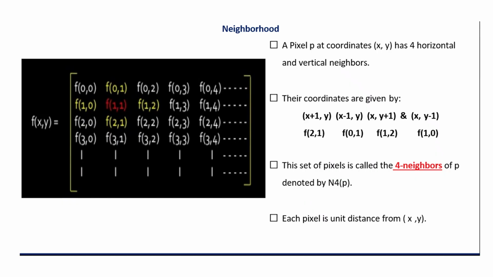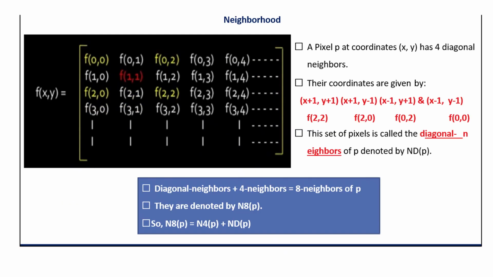Same way, 1, 0, x, y minus 1, and next will be 2, 1, x plus 1, y. So these are all the coordinates of the neighborhood of pixels. So it will have four horizontal and vertical neighbors. This set of pixels is called the four neighbors of P, that is the point of interest f of 1, 1, denoted by N4 of P. Each pixel is unit distance from x, y.